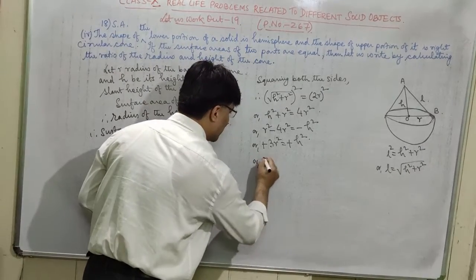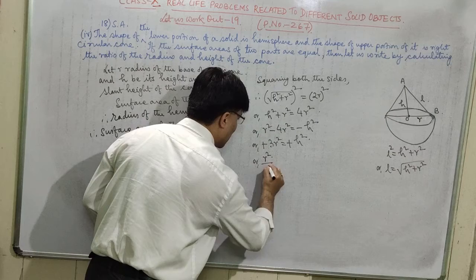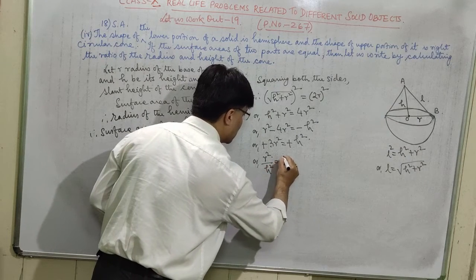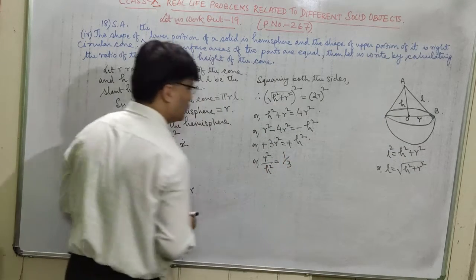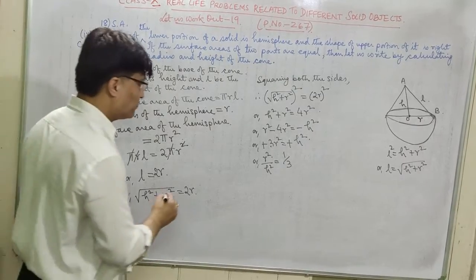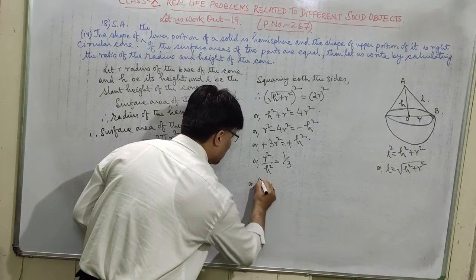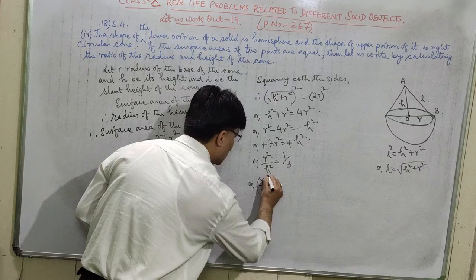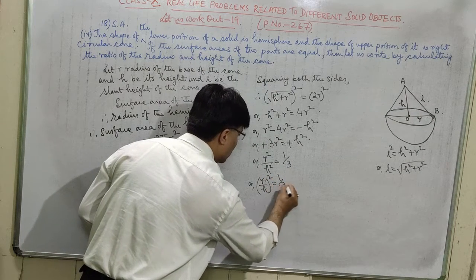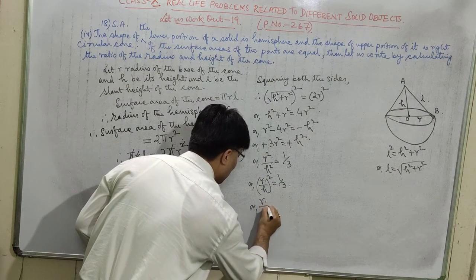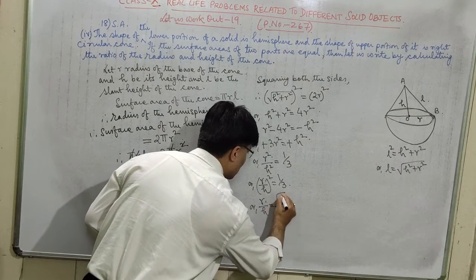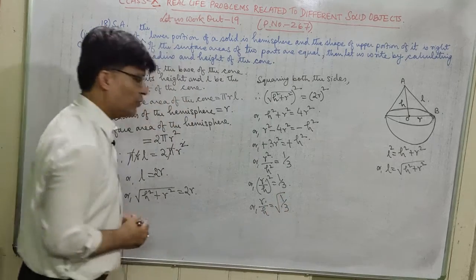Let us take h square to the left hand side. So r square by h square is equal to 1 upon 3. Is that clear? Or you can write r by h whole square is equal to 1 upon 3. So r by h is equal to root over 1 upon 3.